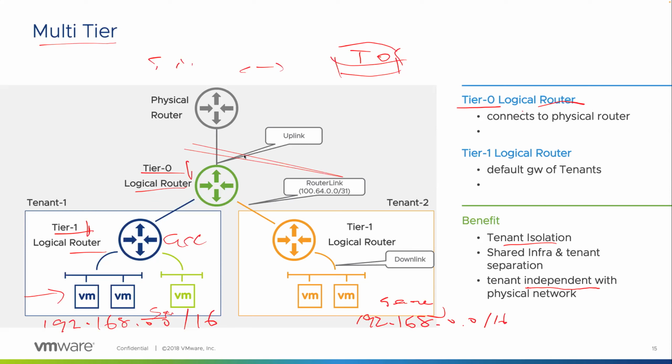Then tier 1 is always connected to your production VMs. That's what this topology looks like.